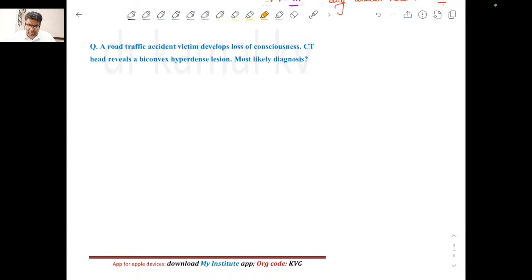Now, a road traffic accident victim develops loss of consciousness. CT scan of head reveals a biconvex hyperdense lesion, most likely diagnosis. So again I will write the keywords first. Here the patient is a case of road traffic accident, then having loss of consciousness, but the CT scan of head is important here for evaluation.